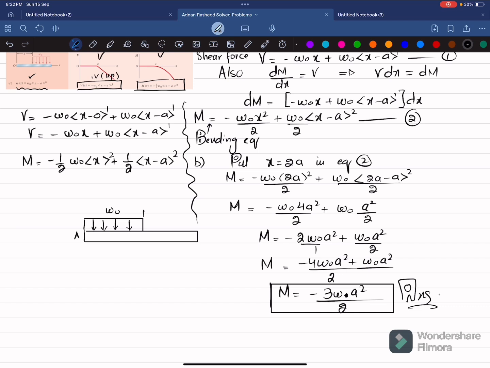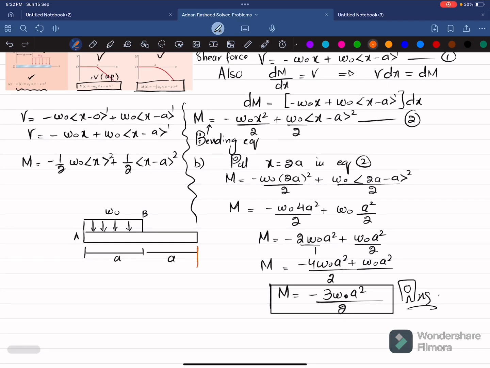This is point A, this is point B, this is distance A, and from B to C the distance is also A. So when you remove the fixed support at point C, you will have a vertical reaction RC, as well as a moment MC, clear? And there will be a horizontal reaction force as well, but that is equal to 0 because there is no horizontal component. So we will write sum of all forces along x direction must be equal to 0, and force toward the right side is taken as positive.